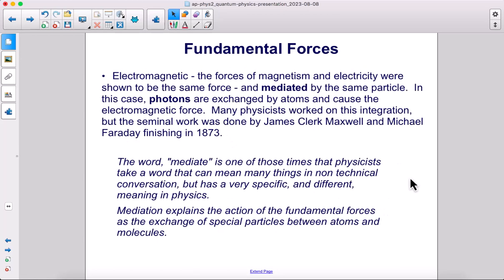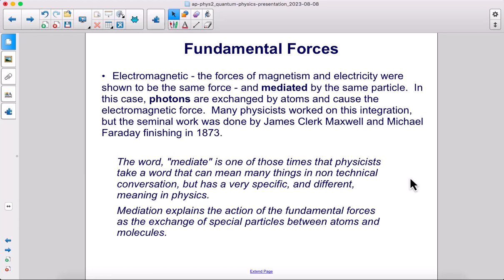The electromagnetic force. The forces of magnetism and electricity were shown to be the same force, and mediated by the same particle. In this case, photons are exchanged by atoms and cause the electromagnetic force. Many physicists worked on this integration, but the seminal work was done by James Clerk Maxwell and Michael Faraday, finishing in 1873.